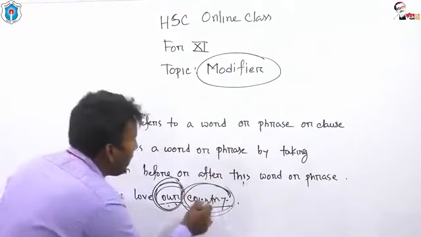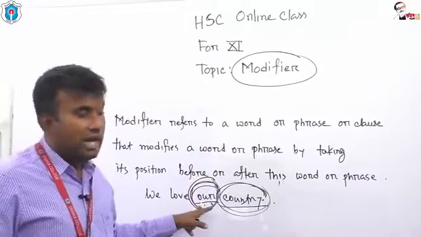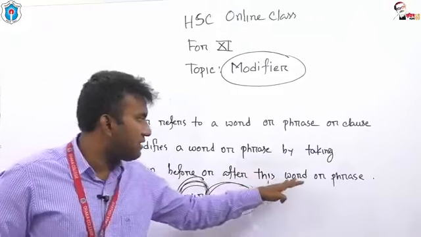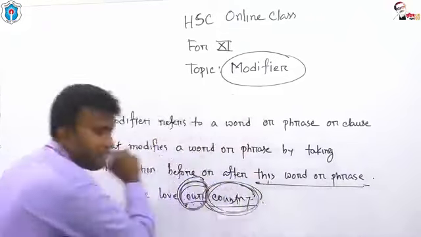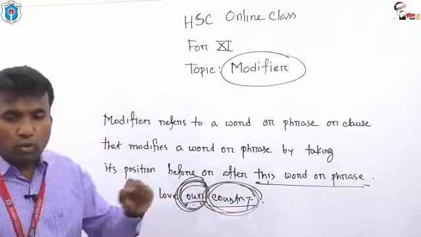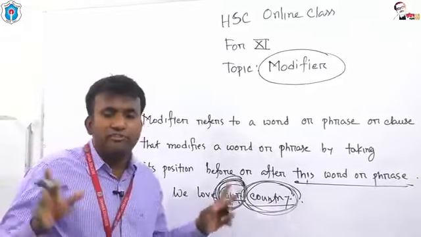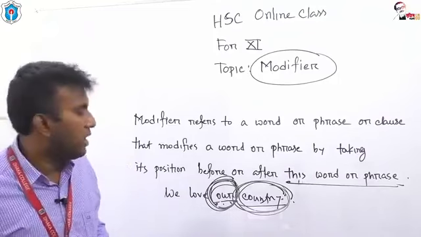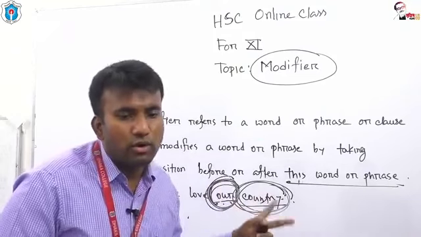Here "country" is the word modified by "our," and when a modifier modifies something, it will take its position before or after that word or phrase. Here "our" is taking its position before that noun.